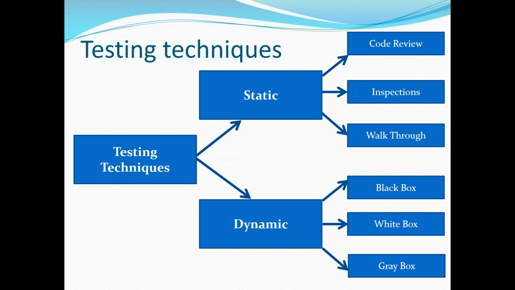Suppose you are the senior person, a senior QA, and in your team there are three freshers who start writing their test cases. How do you know whether they are writing the test cases properly or not? As the senior person, you need to review their test cases, right? So sometimes we are involved in static also.